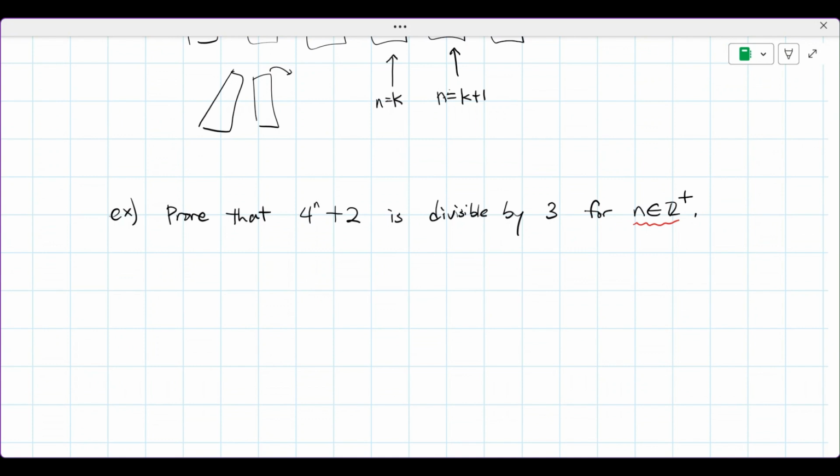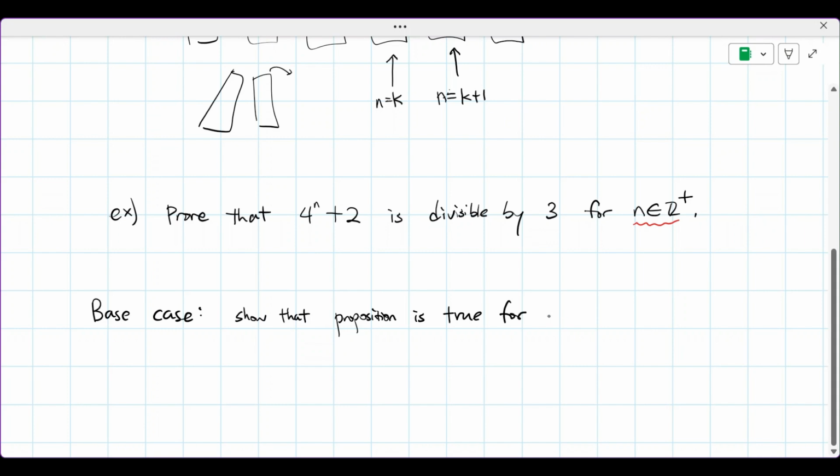What do I need to do? Well, I need to show that this proposition is true for n equals 1. We call that the base case. The base case is to show that the proposition is true for n equals 1.